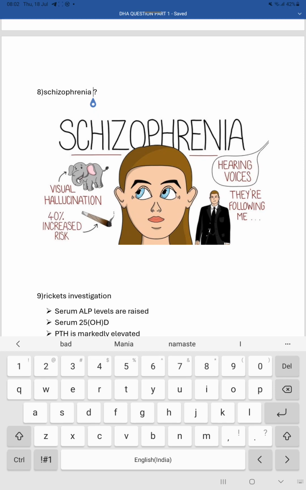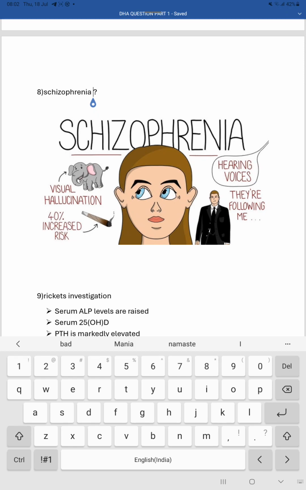The patient will not be able to do office-related work, and maintaining relationships with friends and relatives will become disturbed. And along with this they will be having some negative symptoms.